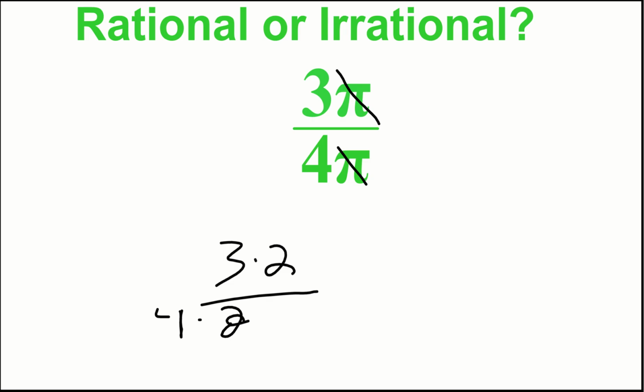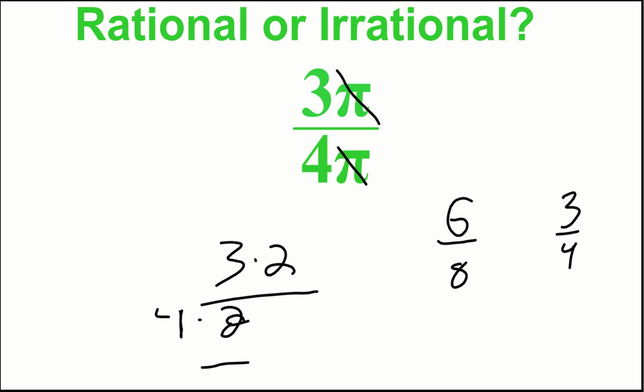What's 4 times 2? 8. So I'd have 6 over 8 when I multiply that out, right? That's a fraction. When I go to simplify that, what number goes into both those? 2, right? So we would divide each of those by 2, and we're right back to 3/4 when we simplify it. That makes sense? So if I had it multiplied out, I could have just canceled out those 2's to start with.